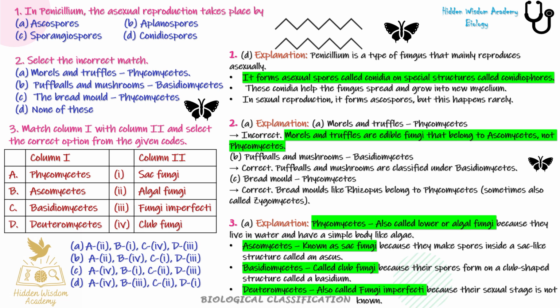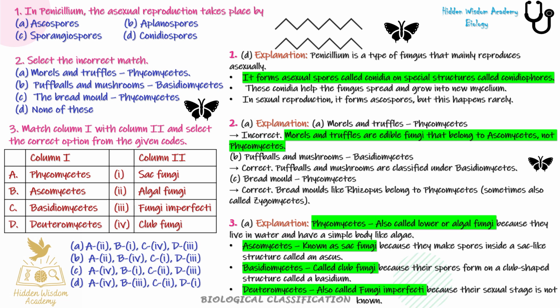Penicillium is a type of fungus that mainly reproduces asexually. It forms asexual spores called conidia on special structures called conidiophores. These conidia help the fungus spread and grow into new mycelium. In sexual reproduction, it forms ascospores, but this happens rarely. So, option D is the correct answer.